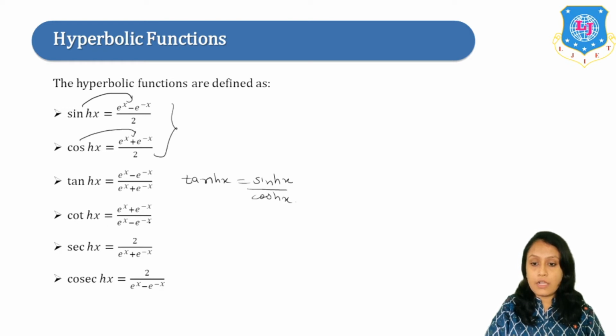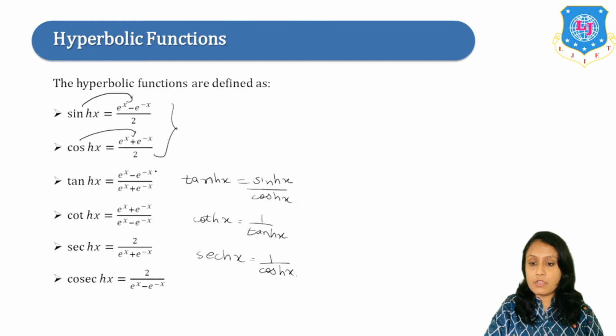Next is coth x. Now coth x is 1 upon tanh x. So tanh x reversed gives (e^x + e^−x)/(e^x − e^−x). Next is sech x. Now sech x is 1 upon cosh x.